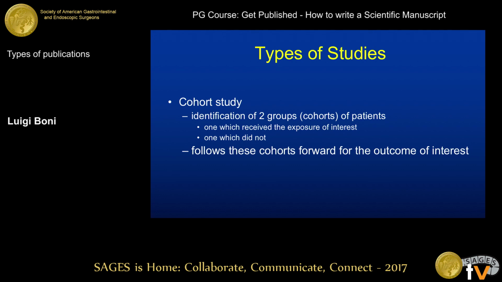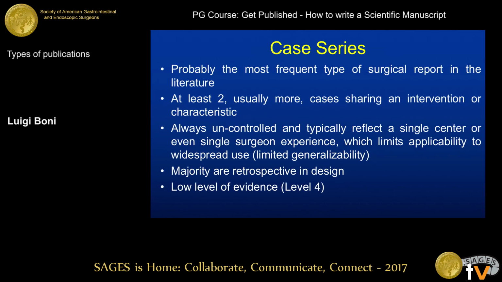Once again, you cannot really draw any strong conclusion in this kind of study, as you should collect the data in at least a prospective way, but most of the cohort articles present in the literature are prospective databases analyzed retrospectively. As I say, this is the most frequent type of report in the literature.